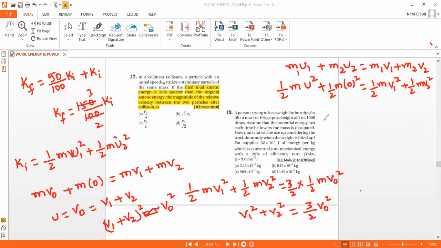That is v1 square plus v2 square plus 2 v1 v2 equal to v naught square. v1 square plus v2 square means 3 by 2 v naught square plus 2 v1 v2.